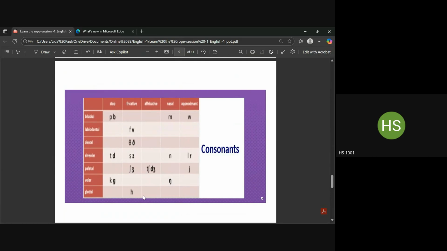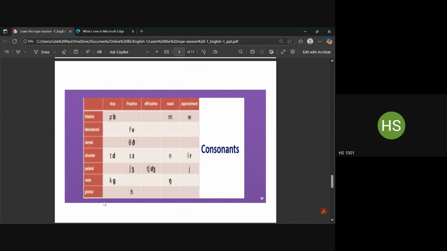And then glottal, not very common in English, but a closer sound which looks like a glottal in English is the h sound, right? H. Sounds like glottal are found more in some languages, like Arabic and Turkish.